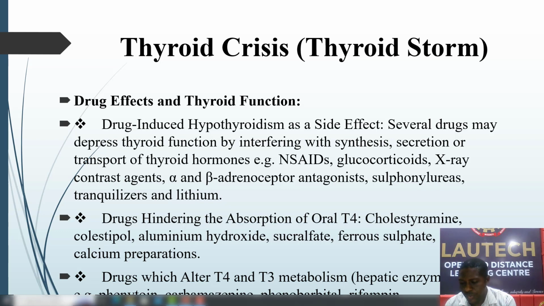So drugs which alter T4 and T3 metabolism are hepatic enzyme inducers like phenytoin, carbamazepine, phenobarbital, and rifampicin. These are the drugs that alter the metabolism of these very particular drugs.